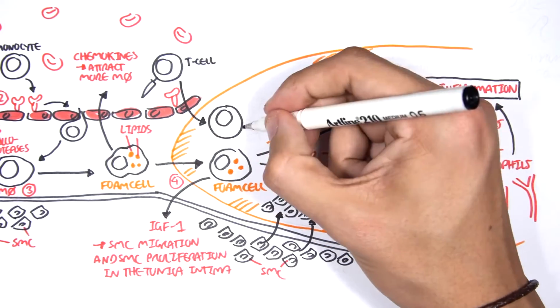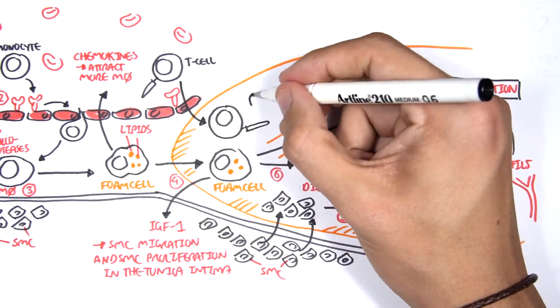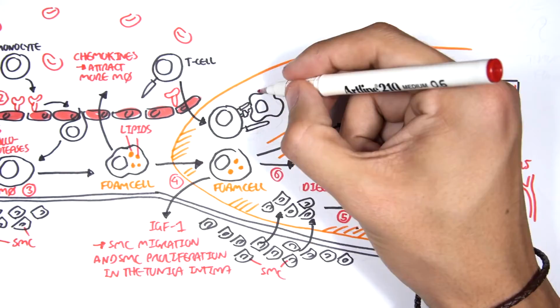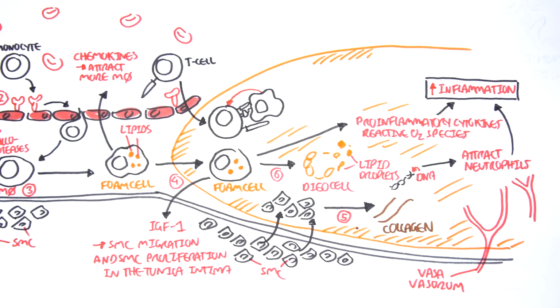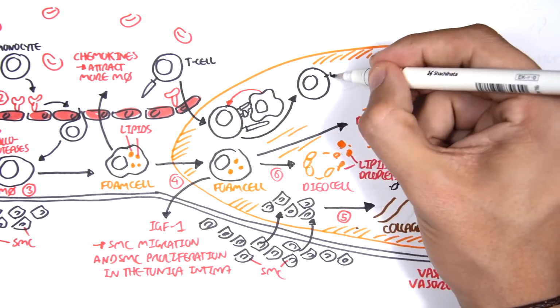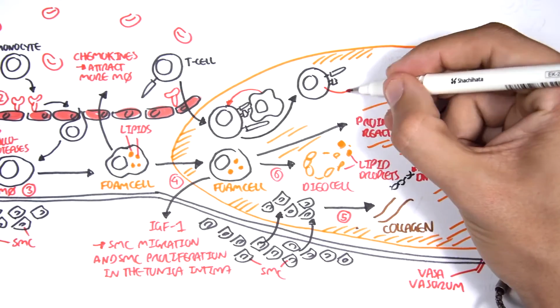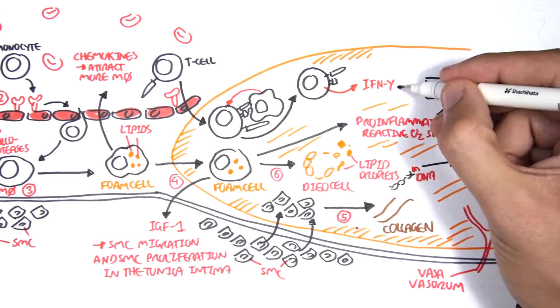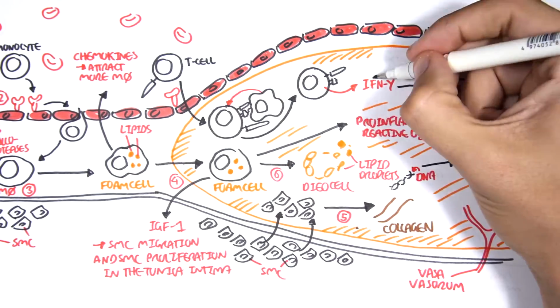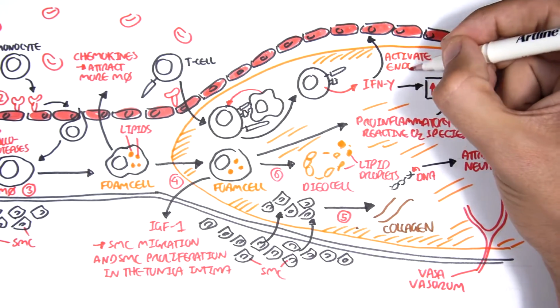So these T cells, they can bind onto adhesion receptors which are expressed on endothelial cells. They then enter the plaque area. They can be activated by macrophages, and they can begin releasing other substances such as interferon gamma. Interferon gamma essentially promotes inflammation, and it activates endothelial cells to attract more white blood cells and everything else.